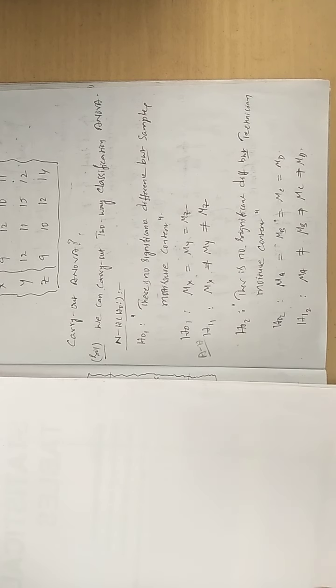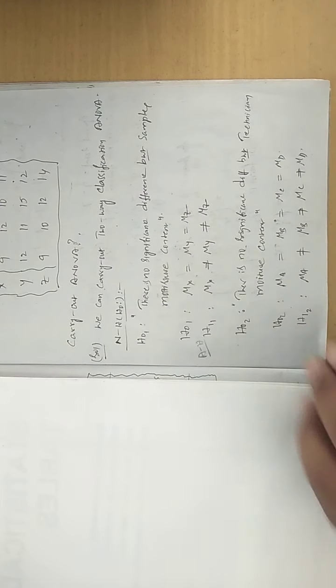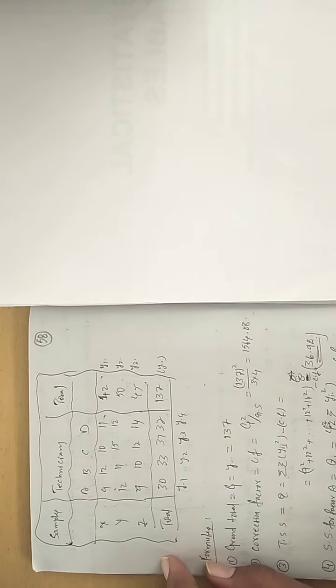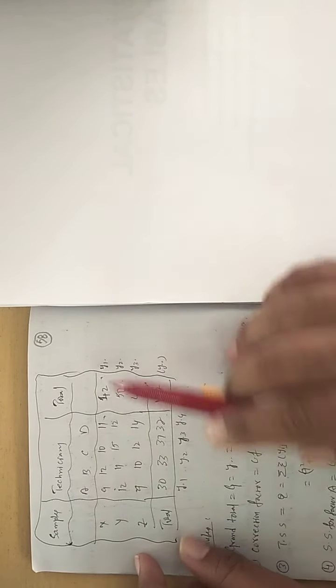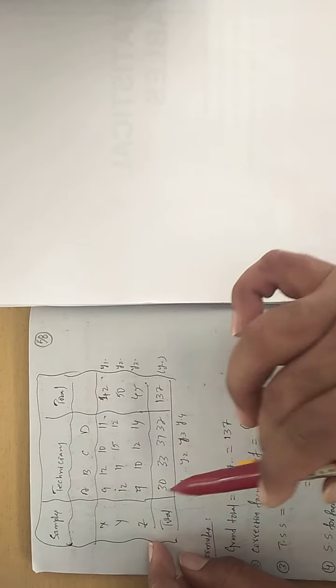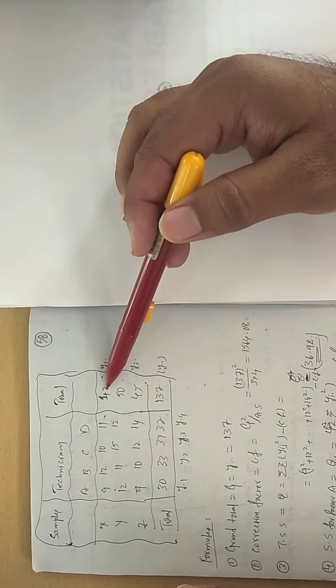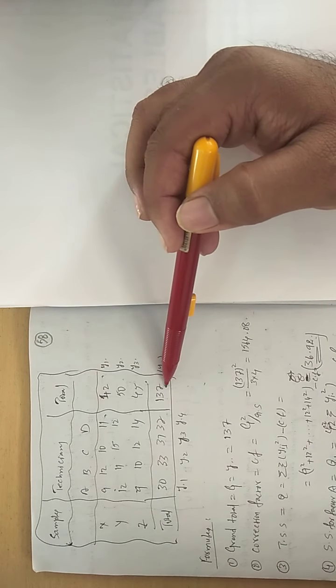The next immediate thing is to go for the calculation of the 6 formula values. So same table as usual I took here and calculated the totals. These are all row totals, these are all column totals. Remember that 42 plus 50 plus 45, how much do you get? 137.